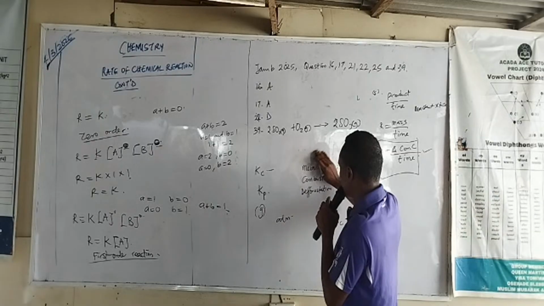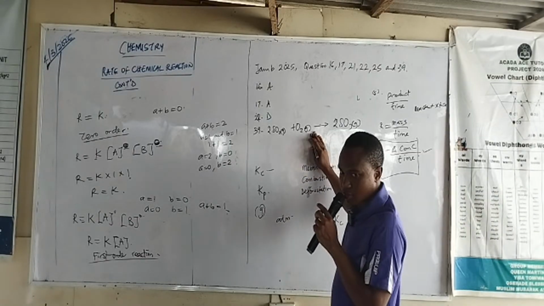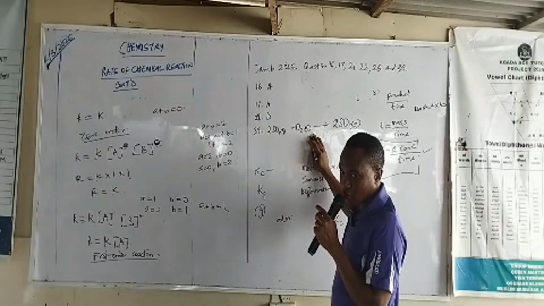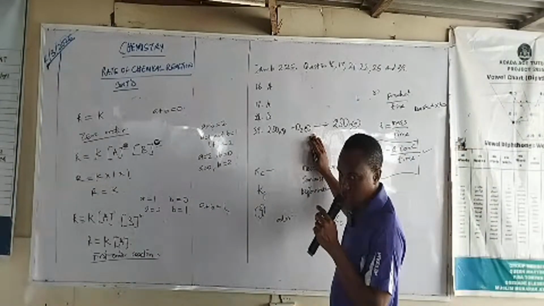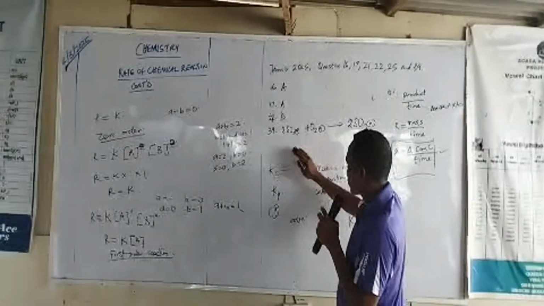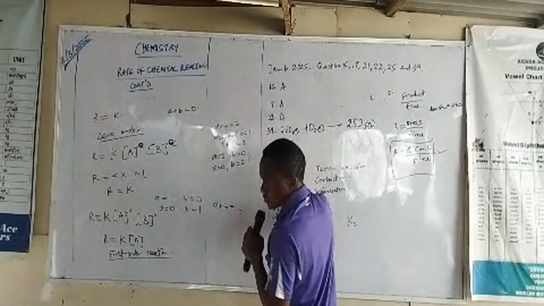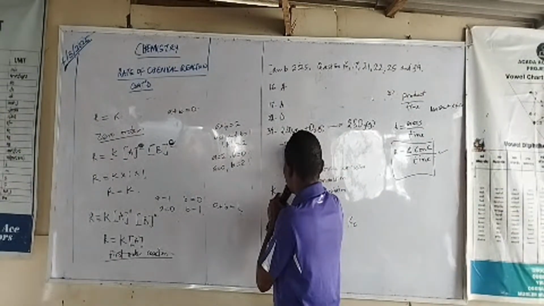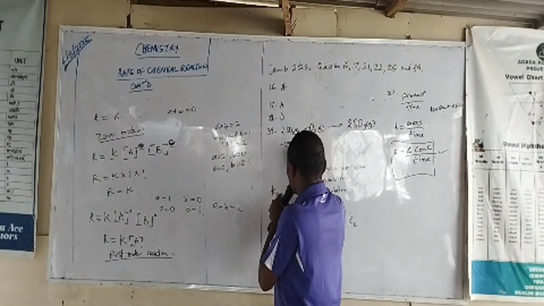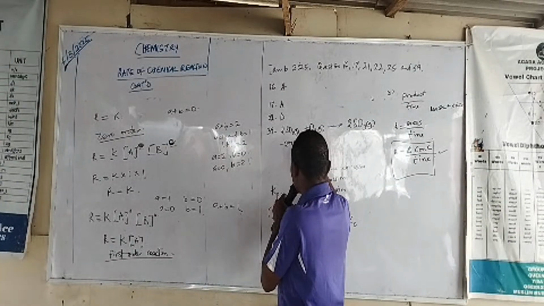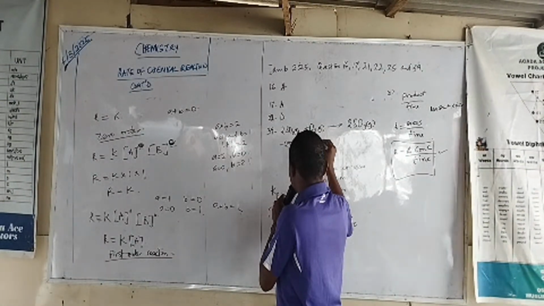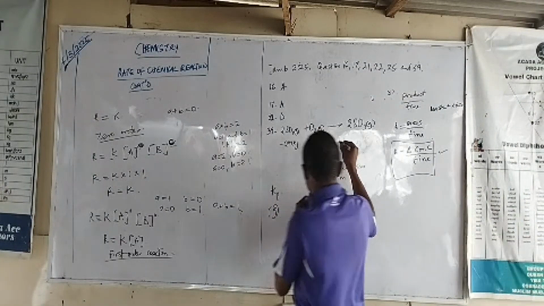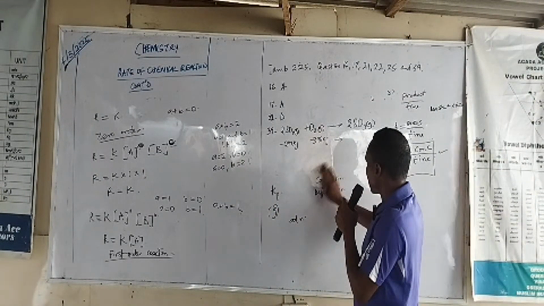The standard heat of formation in the reaction: minus 297 kilojoules for the first one, and for the second one minus 396 kilojoules. What is the equation of the reaction?